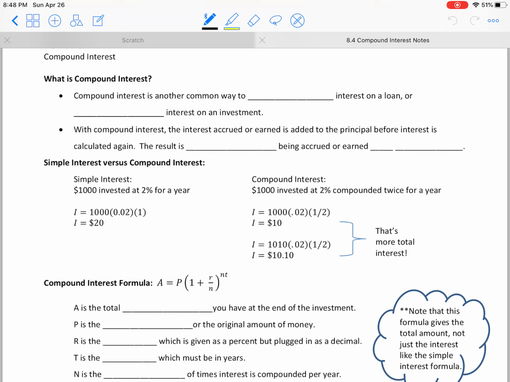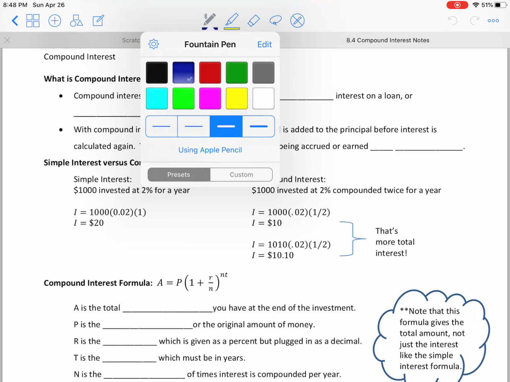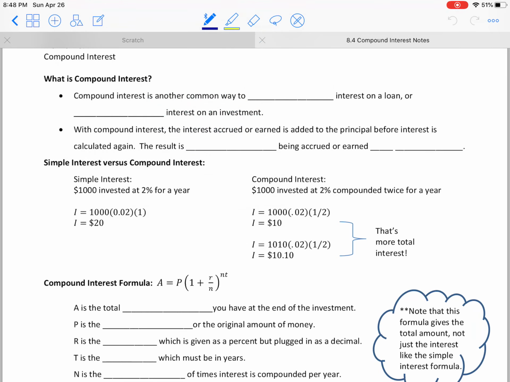So we left off our last lesson talking about simple interest, which we said was one way to either charge you a fee or interest on a loan, or earn or accrue interest on an investment. Simple interest isn't the only common form of interest that you would see. Another common form is what we call compound interest.